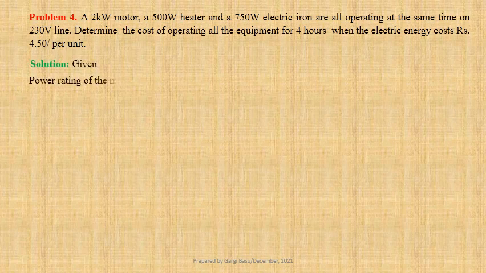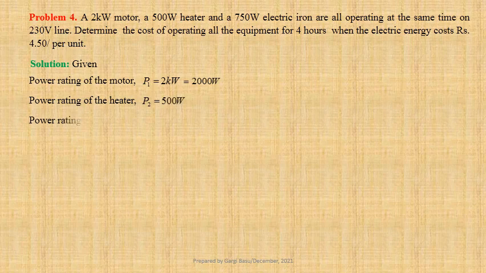Power rating of the motor P1 = 2 kilowatts, that is equal to 2000 watts. Power rating of the heater P2 = 500 watts and power rating of the electric iron P3 = 750 watts. Operating time T = 4 hours.